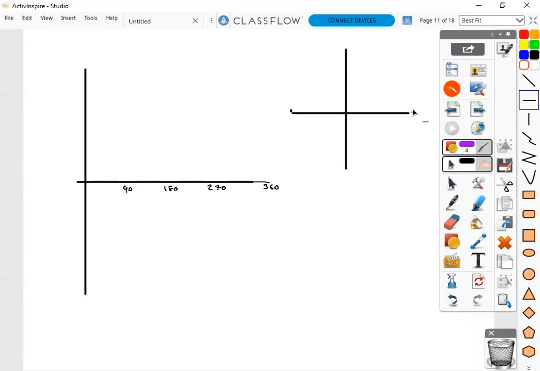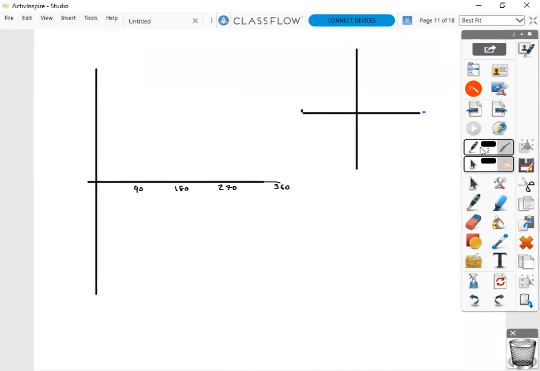Okay, so between 0 and 90, tan goes from 0, it sort of approaches infinity. Okay, it goes into that shape, which is really weird.